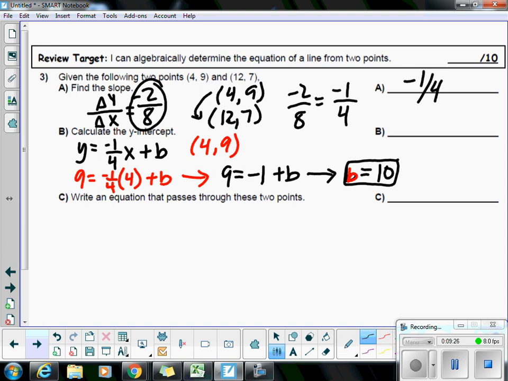Therefore, we have b equals 10. We have a slope of -1/4, a b value or a y-intercept of +10.